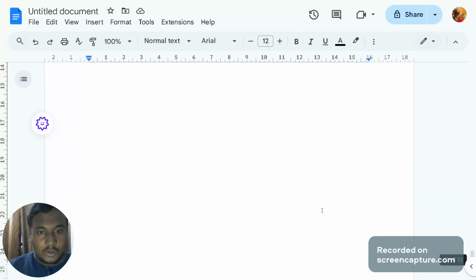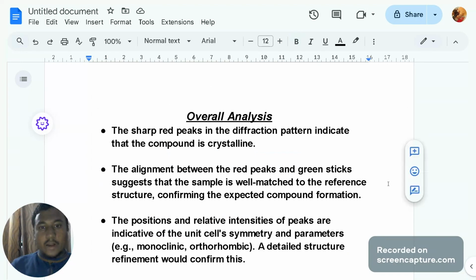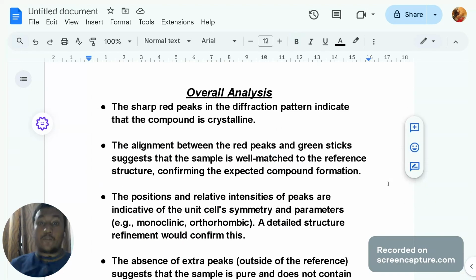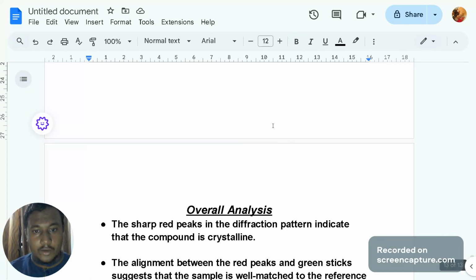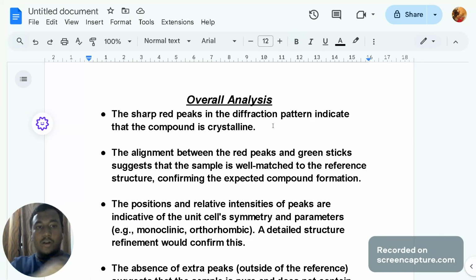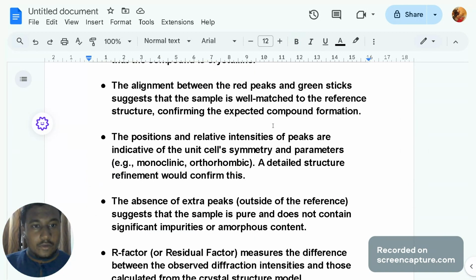Now moving through the analysis, what we obtained from that powder diffraction pattern: the sharp red peaks in the diffraction pattern indicate that the compound is crystalline. The sharp peaks I have obtained all show that it is crystalline. Otherwise, there would be a band instead of peaks.